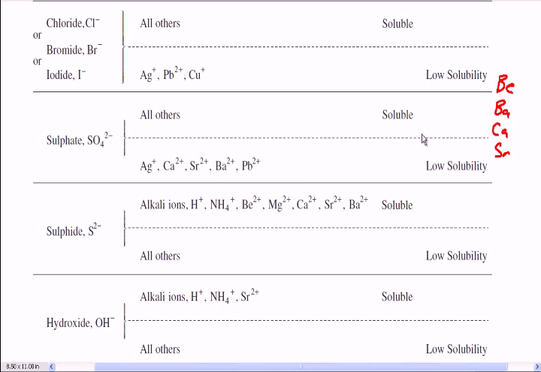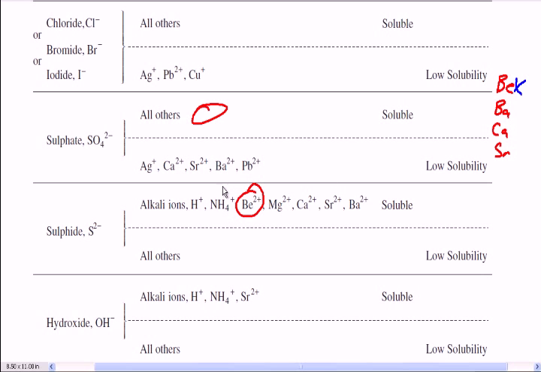Those are my 4 options. So let's start with beryllium right here. Beryllium is low solubility, and low solubility here. It's under all others. Okay, so beryllium is not there.